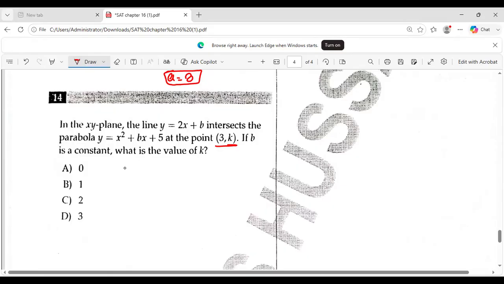So what we're gonna do is, when the two lines are intersecting, can I just simultaneously solve them? That is ax plus b is equal to x square plus bx plus 5, right? Now in this equation, I'm left with variables x and b. I know x has a value of 3, so instead of x, I can simply replace them with 3.